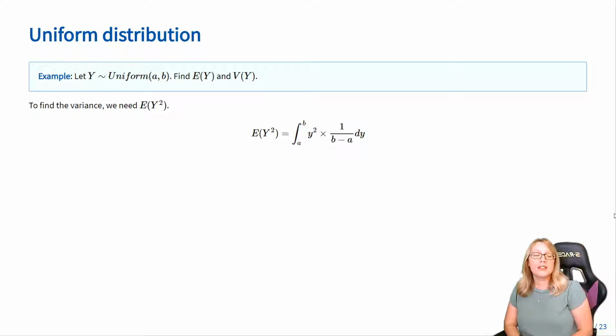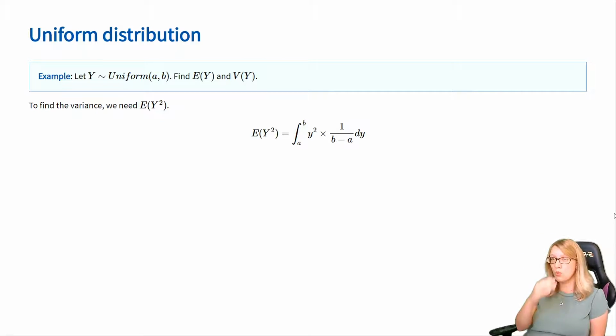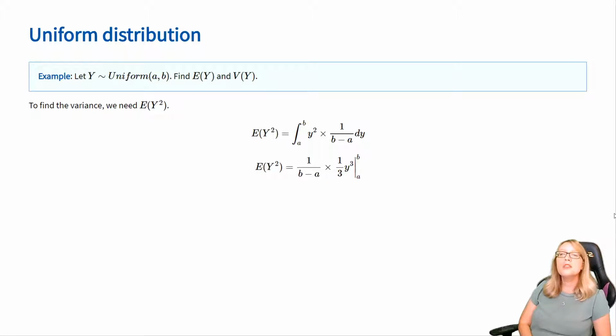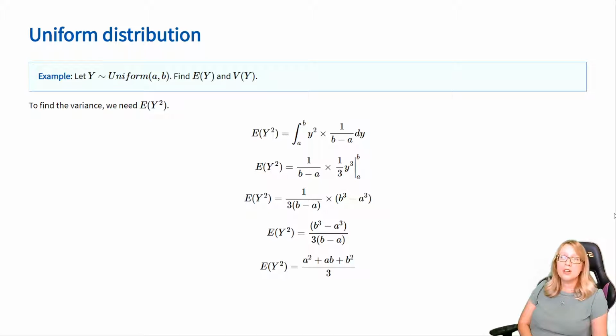To find the variance, we'll use the computational form of the variance because it's a little bit quicker to work with. We'll take the expected value of y squared, so that's the integral of y squared times the PDF dy. So we get 1 over b minus a times 1/3 y cubed, evaluated from a to b. Expected value of y squared is 1 over 3 times b minus a, times b cubed minus a cubed, which turns out to be, again, a little bit of work here, a squared plus ab plus b squared over 3.